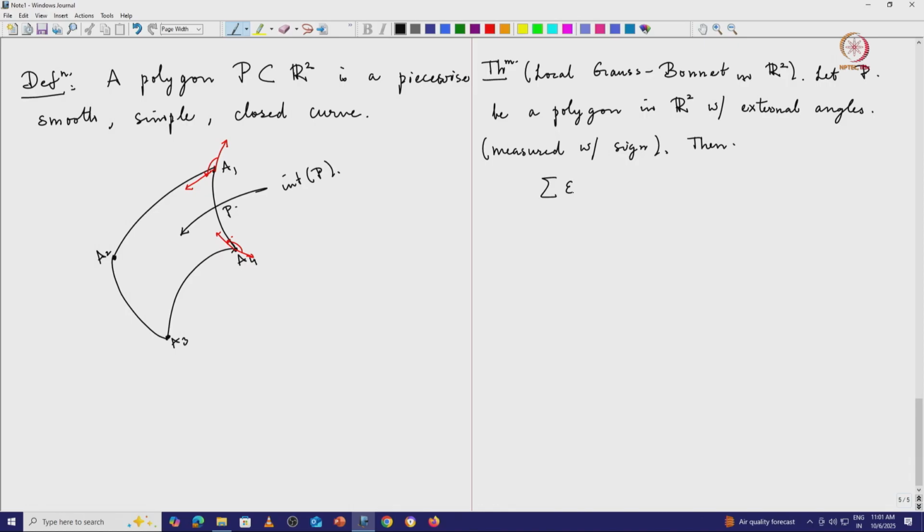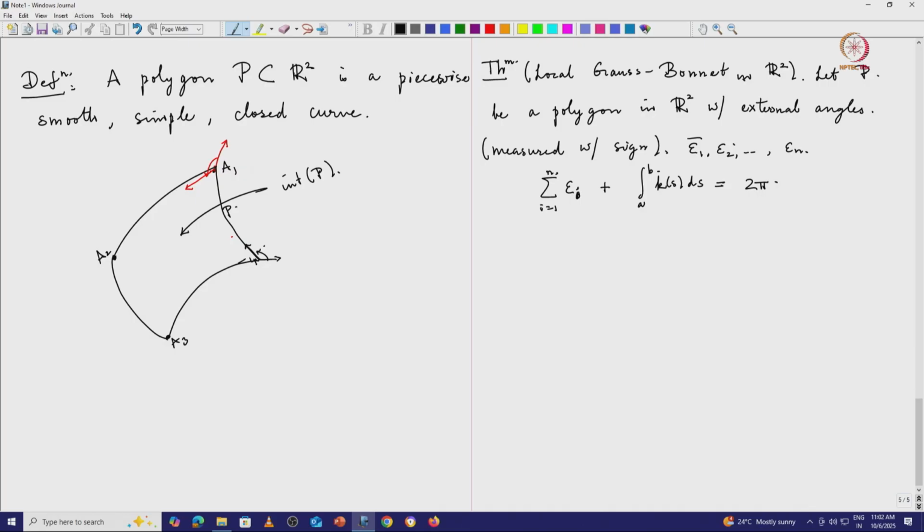Then it turns out that the sum of the external angles plus the integral of the curvature is going to be 2 pi.